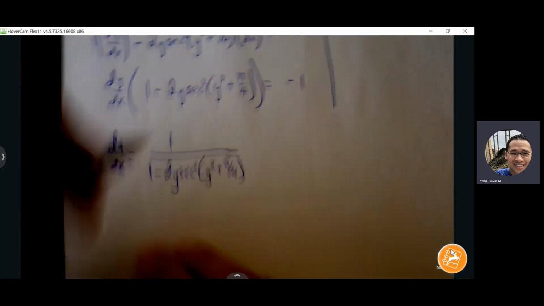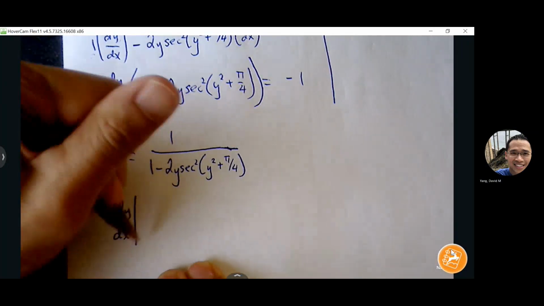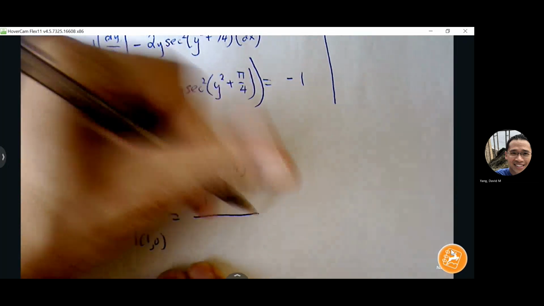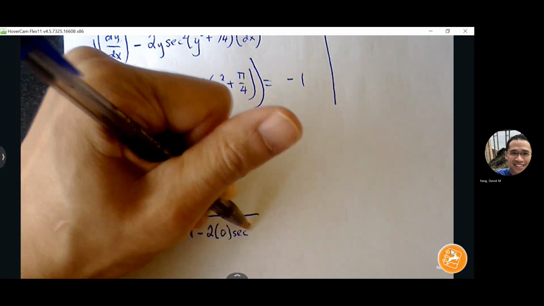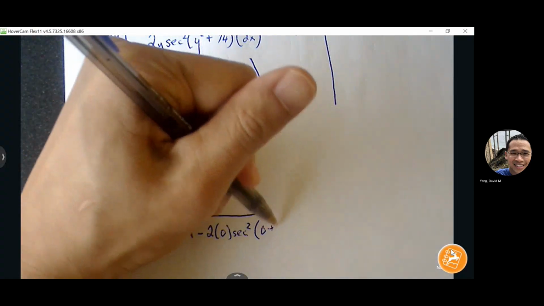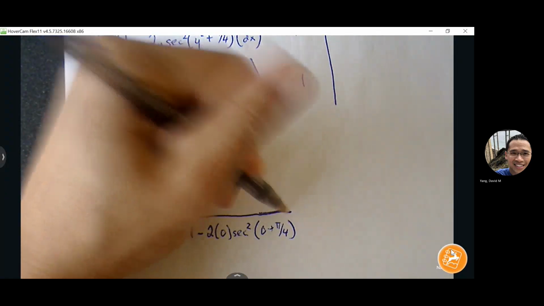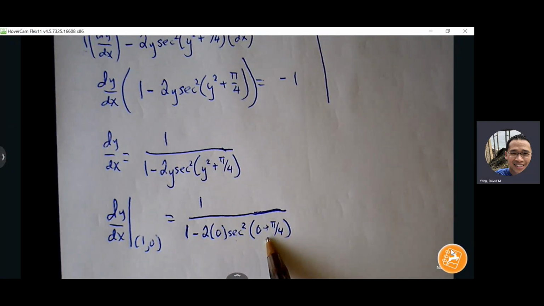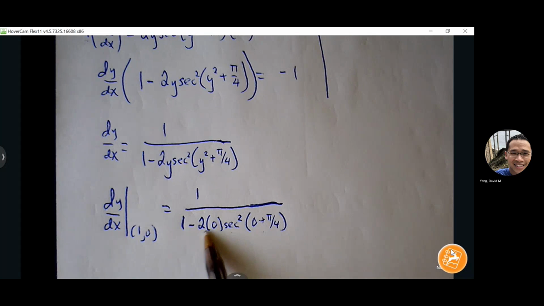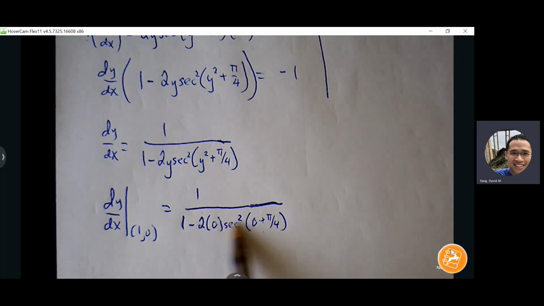Okay, so I'm ready to plug in my ordered pair to find my slope. Okay, so secant of pi over 4 is the reciprocal of cosine. Normally you would say 2 root 2 over 2. You flip that, it becomes 2 over root 2 squared. But all this is kind of a moot point because all this is going to go to what? It's going to 0, right? So this whole term just goes away.